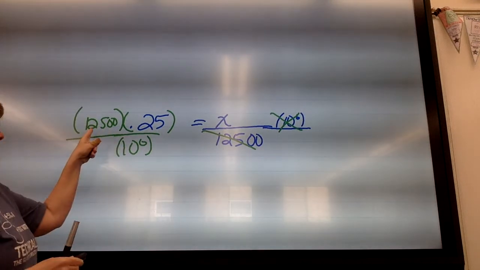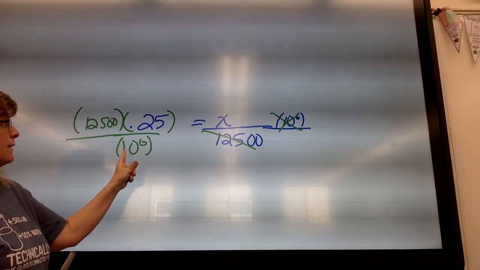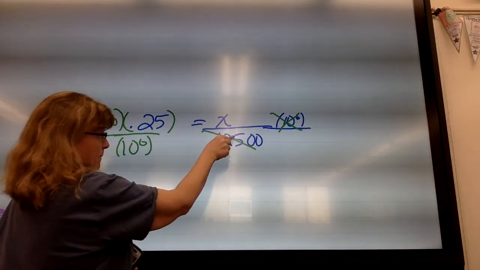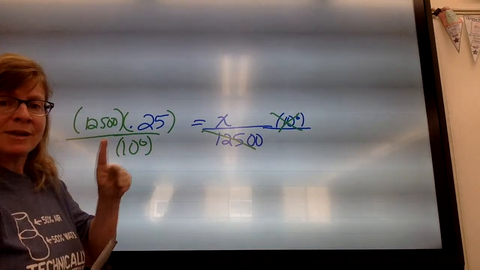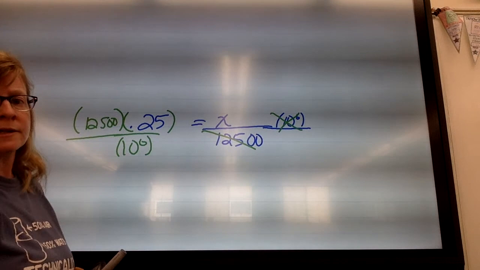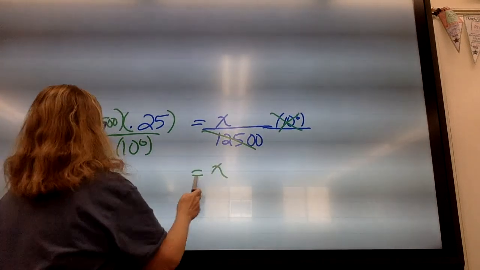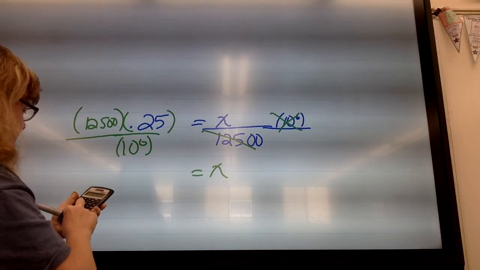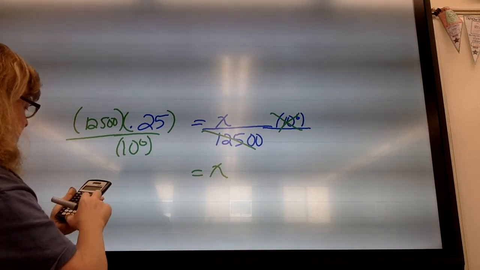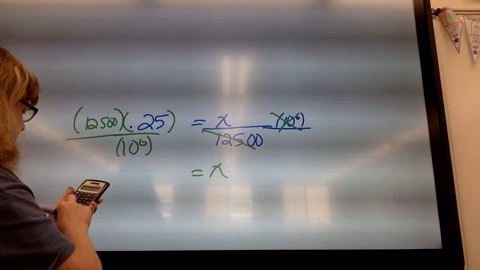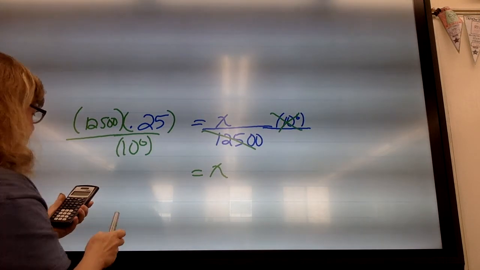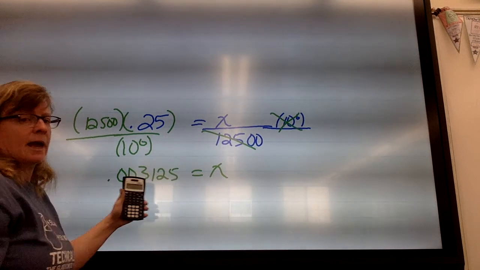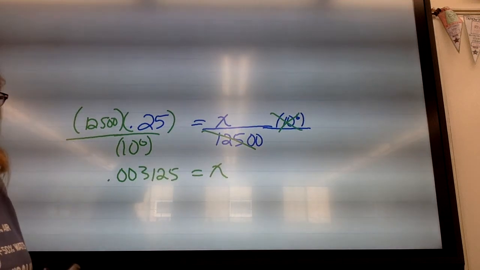X equals 12,500 times 0.25 divided by 10 to the 6. So again, if it's up top, it moves down. If it's denominator, it moves up. But you keep the parentheses. You keep things organized. And when I get that, again, using parentheses, very important. And again, ultimately I would round that, but that's the calculator answer.